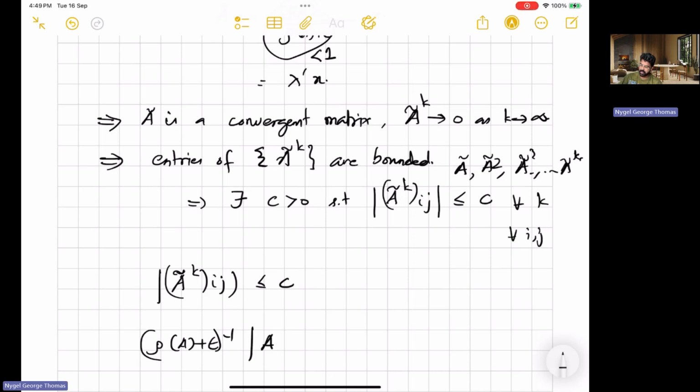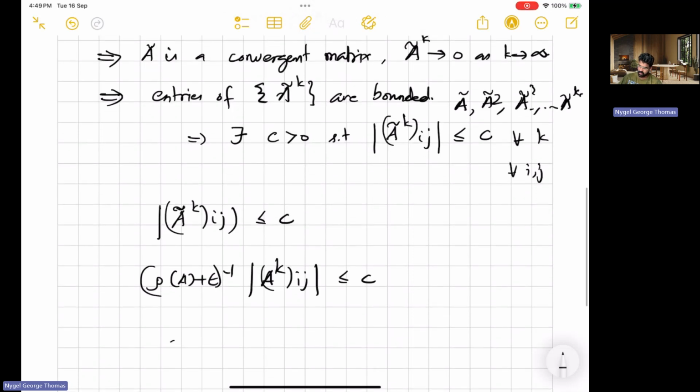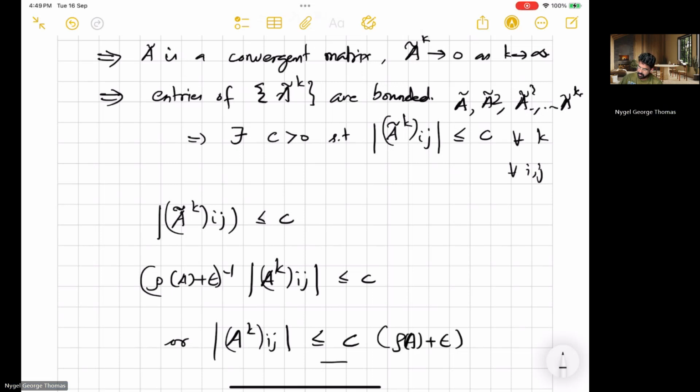If you write this in terms of A^k, the ijth term of A raised to k is less than or equal to some c times (rho A plus epsilon) raised to k. So this is the guarantee which we have.